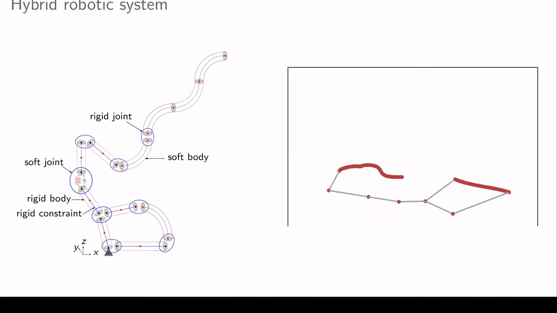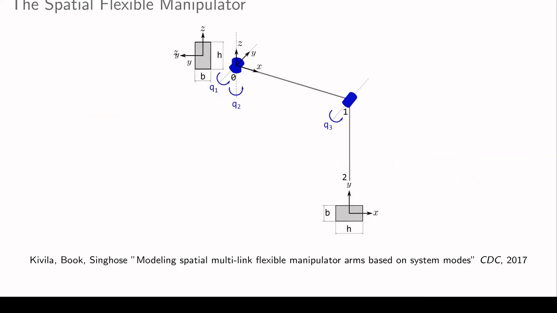And here, again, the picture and the simulation of these kinds of systems, which are formed by rigid and soft bodies. Here, in the first part, articulated in a closed chain, after in a serial chain with rigid and soft bodies connected together.